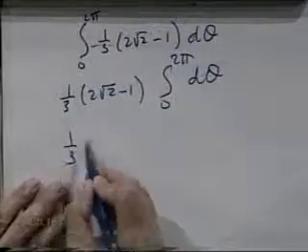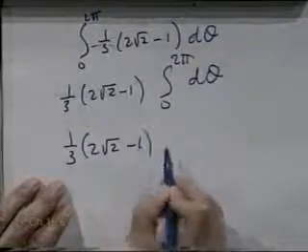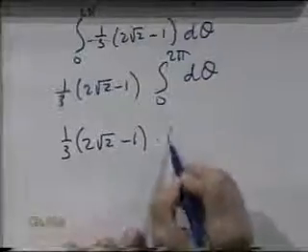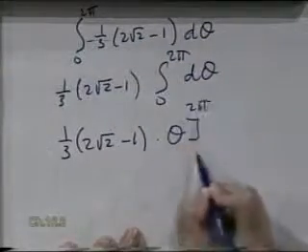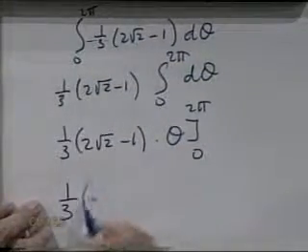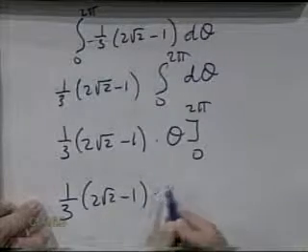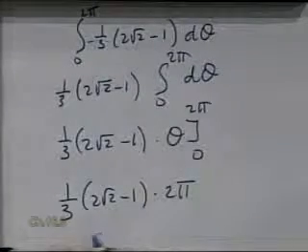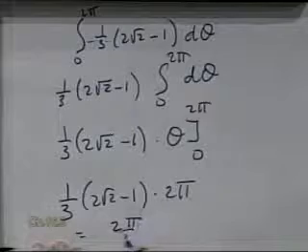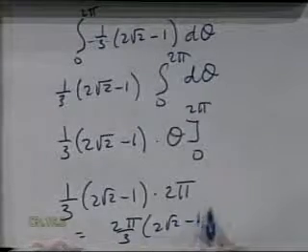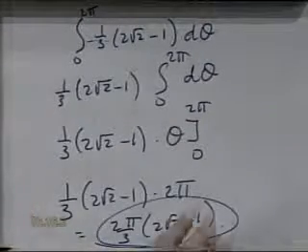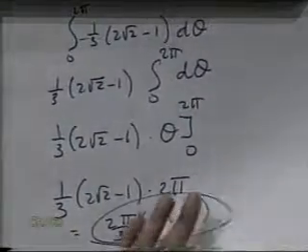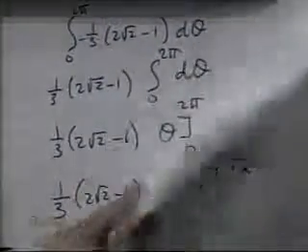That's going to give me 1/3 times 2 root 2 minus 1 times theta. Pop in 2 pi, pop in 0. You'll get 2 pi, and you could write that as 2 pi over 3 times 2 root 2 minus 1, which is your final answer.